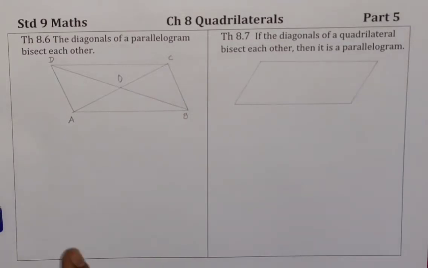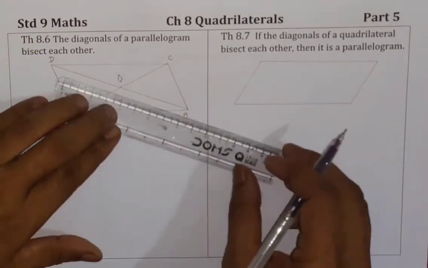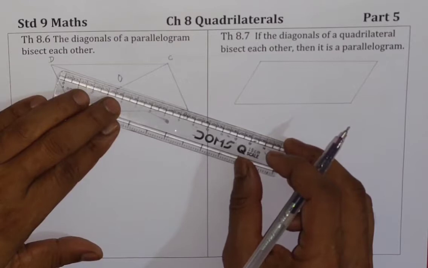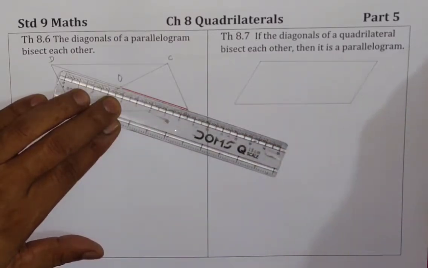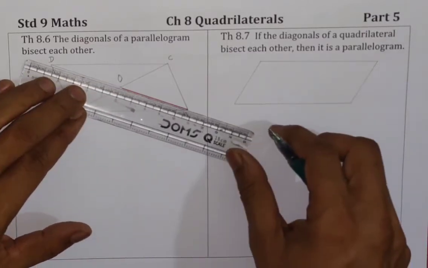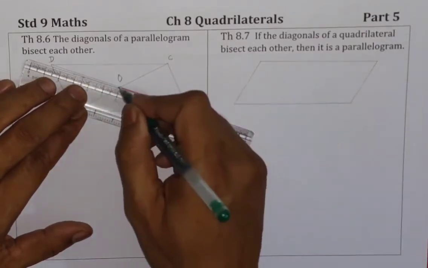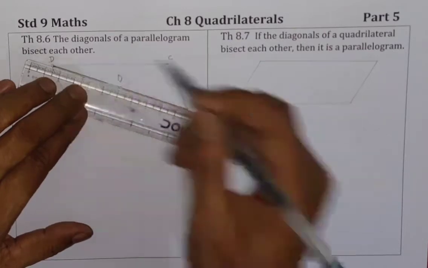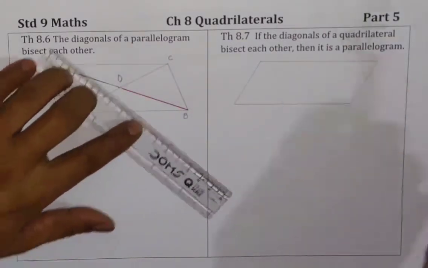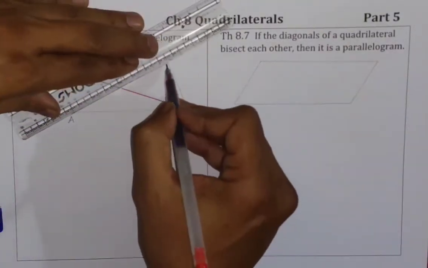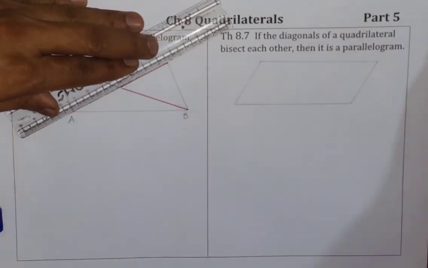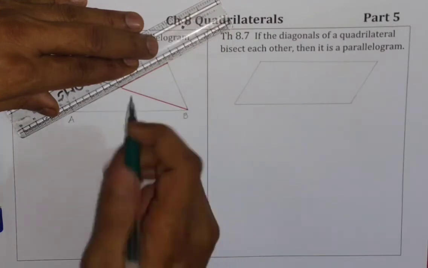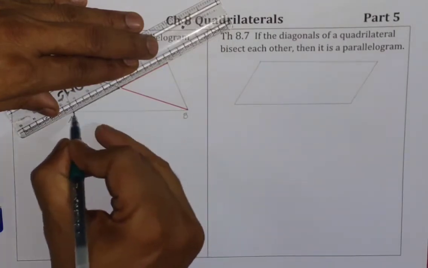Children, see what I am doing. OB is equal to OD, that is what you have to prove, and OC is equal to OA.